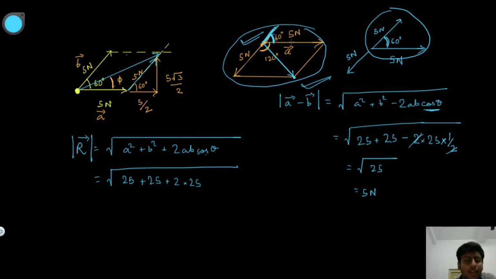Any method you apply, you would still get the same answer. So cosine of 120 degrees, if you know a bit of trigonometry, you would realize that cosine of 120 degrees is actually minus half. You can learn this in any basic mathematics lecture, which we would soon bring up on our BrainPhront channel.